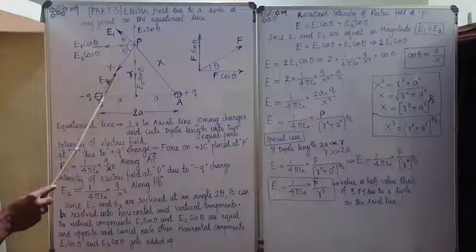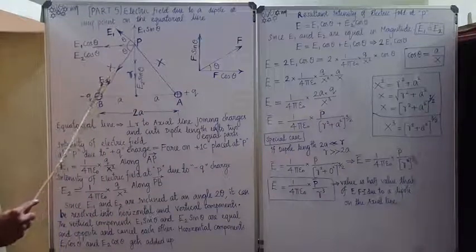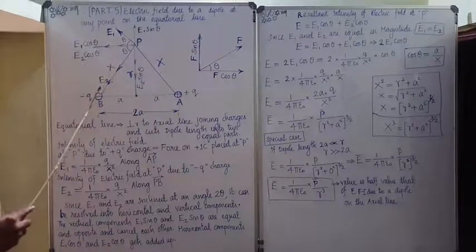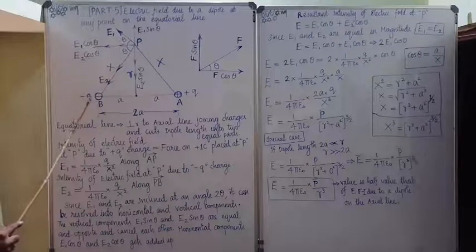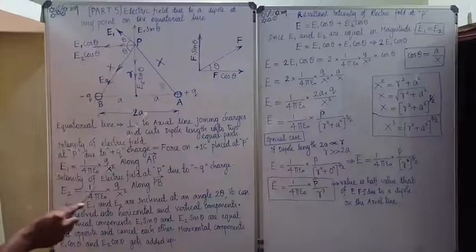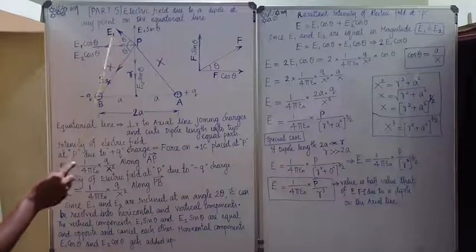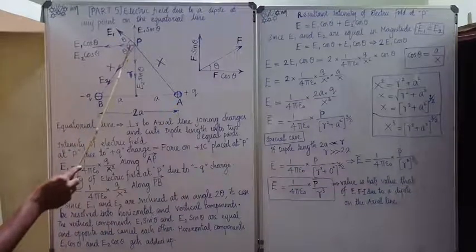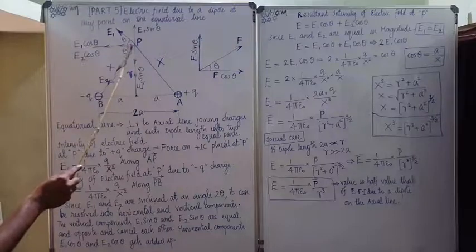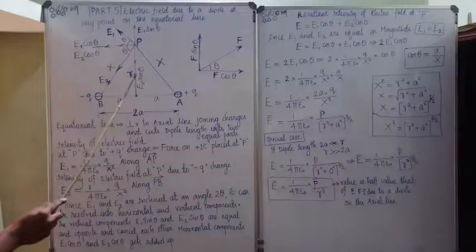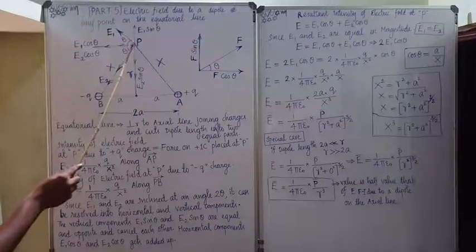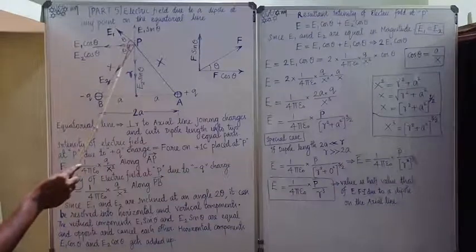The field due to the plus charge is denoted by E1, and the field due to the minus charge is denoted by E2. The angle here is denoted by theta.